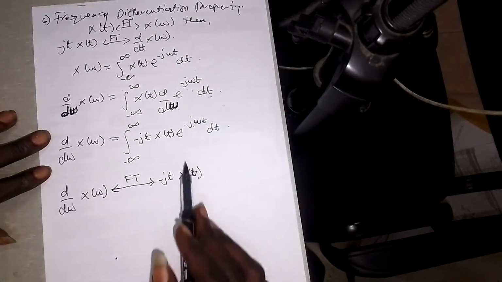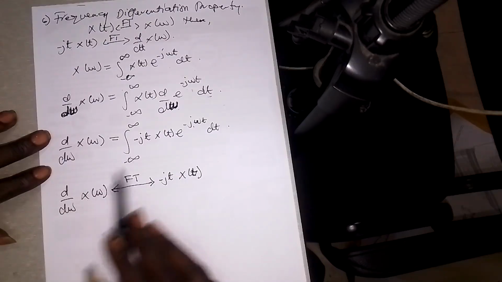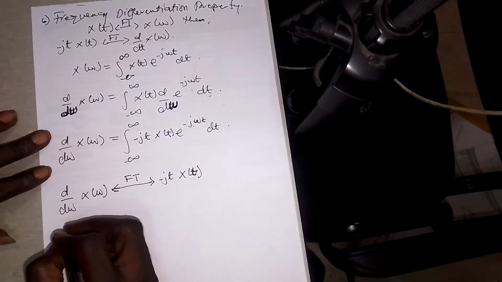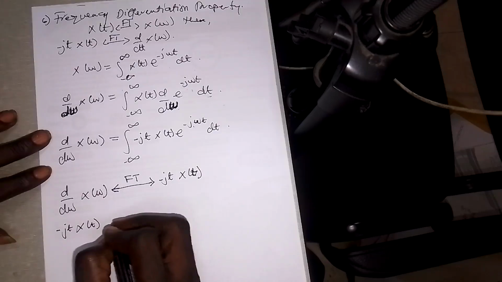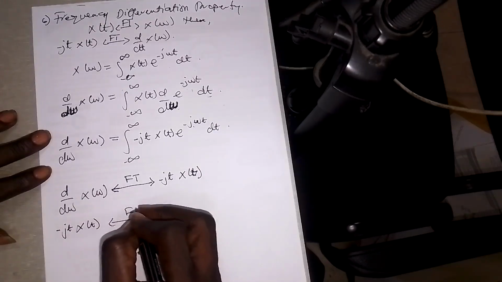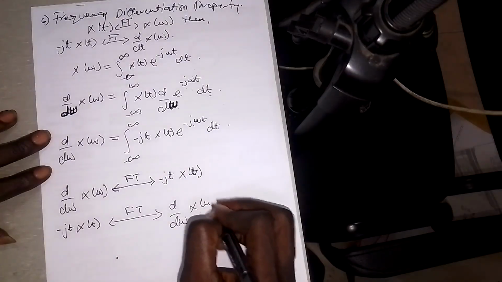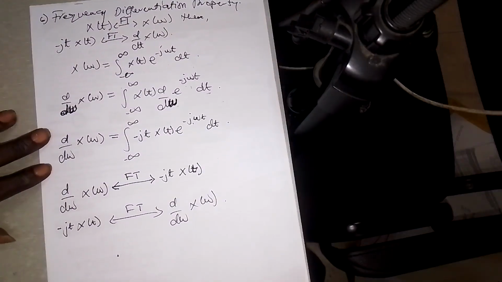So instead of writing X(omega) here, I can write x(t), and I bring my minus jt. So this is what proves the formula. I can just interchange and write minus jt into x(t), which is the Fourier transform of d/d omega of X(omega). Now you can see that what is here is the same thing as here. Thank you so much. See you in the next class.